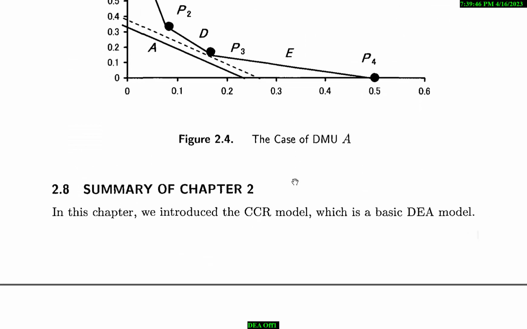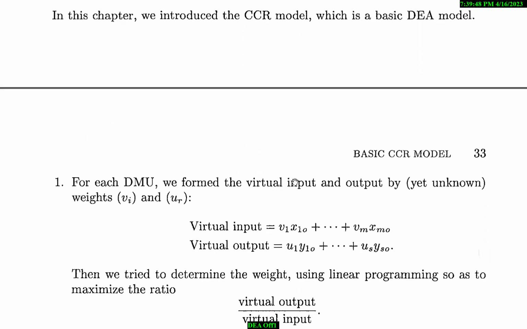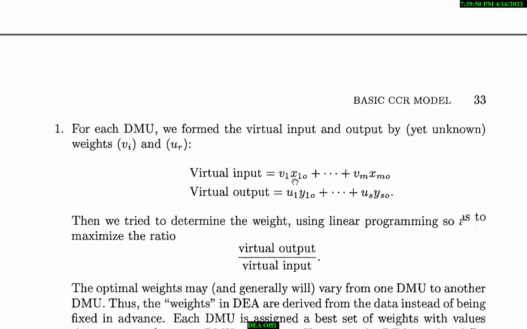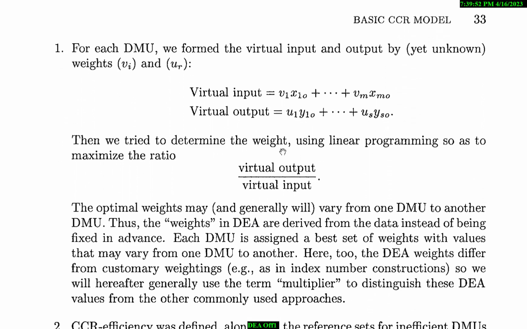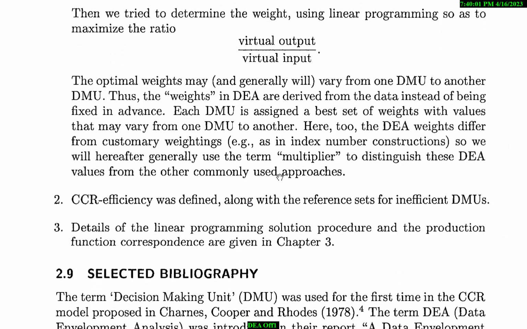So this is the summary of Chapter 1: we defined virtual input and output, and their ratio, which is maximized when the others are less than or equal to 1.